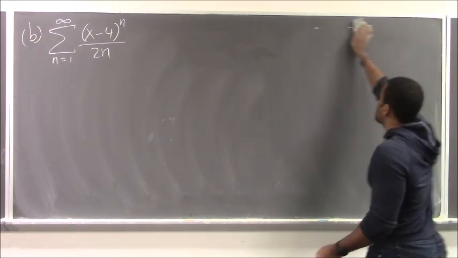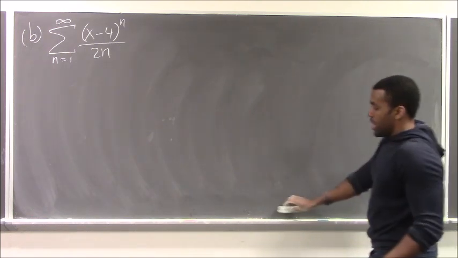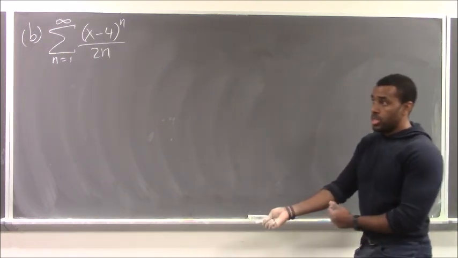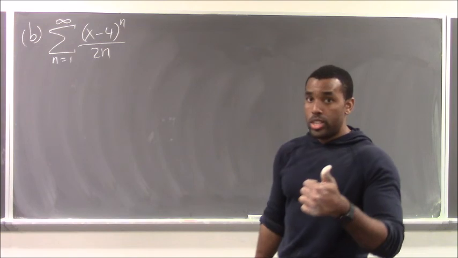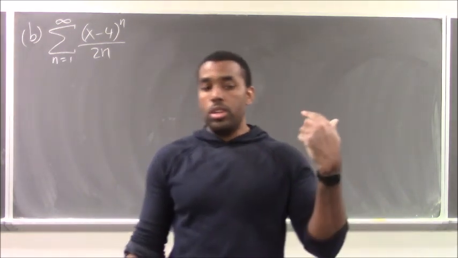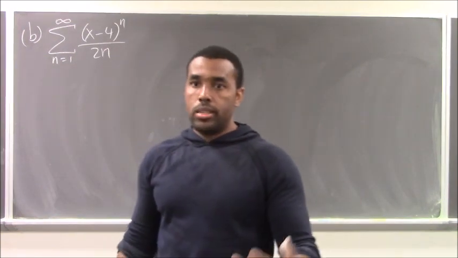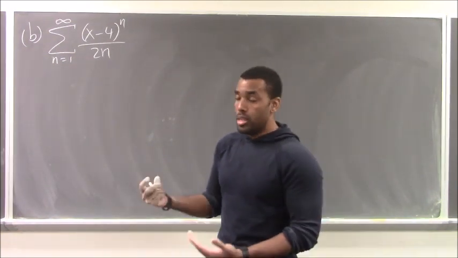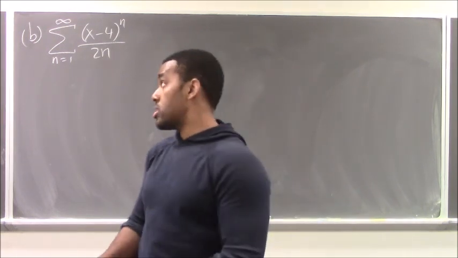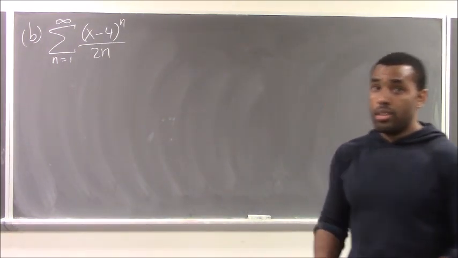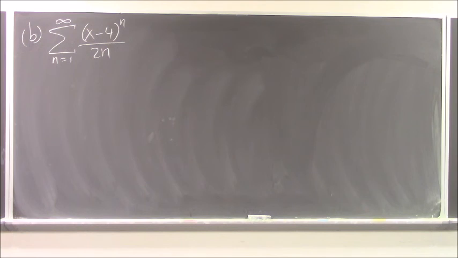Get through the whole problem, use what I just did as an example, and approach it that way. So you're going to apply the ratio test, you're going to find the interval, you're going to test the endpoints, then you're going to conclude whether or not it includes the endpoints, then you're going to write down the interval of convergence and the radius of convergence. So take a few seconds to pause. I'll give you 3, 2, 1. Pause, try the problem.